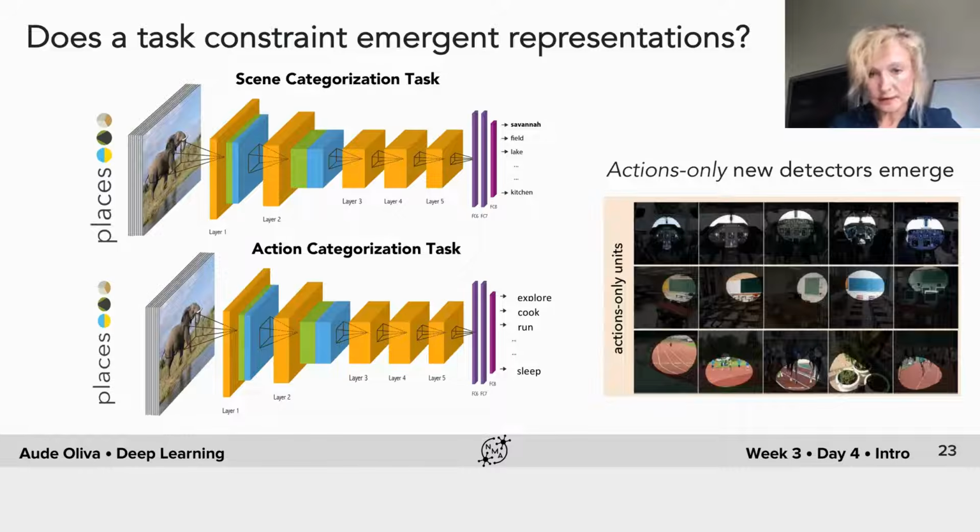Those units do not emerge when training on the scene task with exactly the same dataset. So this illustrates that the concepts that emerge in deep artificial neural networks do not just identify common patterns in the data, but instead find discriminative features that are relevant to the categorization task.